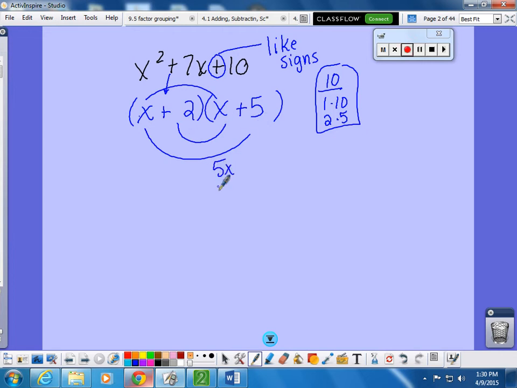If I do inner, it's 2x. When I add those together, I get the middle here. And then, of course, last would be 10. So by checking, I know that this is my answer. Now, if someone in the class had written down their 5 here, and the 2 there, would they be okay? Yes, because x plus 2 and x plus 5, by the commutative property, I can multiply them in any order, right? They've got the same sign, the same variable in there anyway, right?